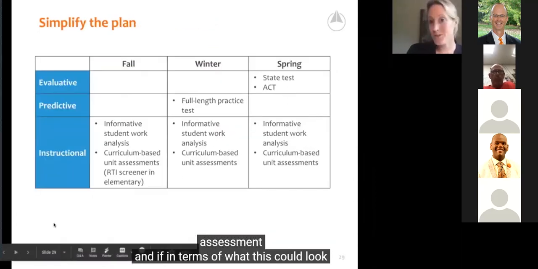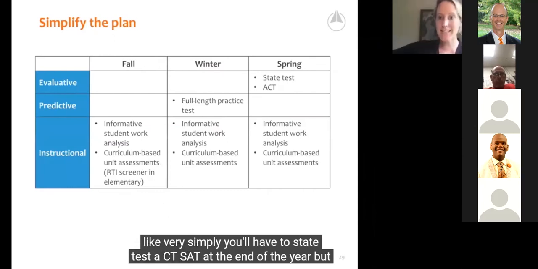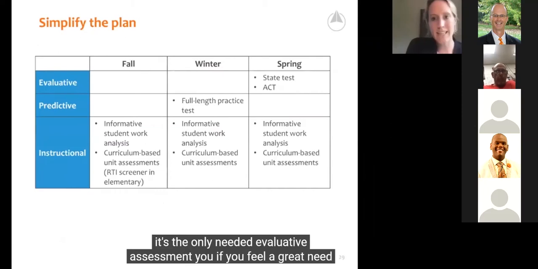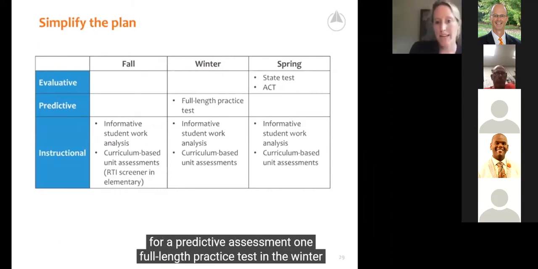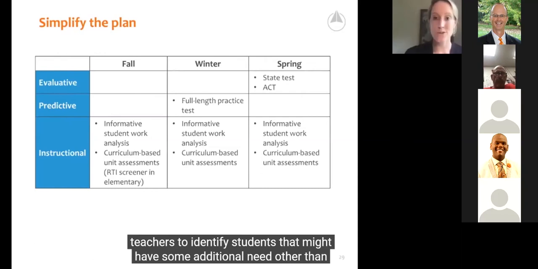And in terms of what this could look like, very simply, you'll have the state test, the ACT, SAT at the end of the year. That is the only needed evaluative assessment. If you feel a great need for a predictive assessment, one full-length practice test in the winter gives students an opportunity to practice with the format and then allows teachers to identify students that might have some additional need.